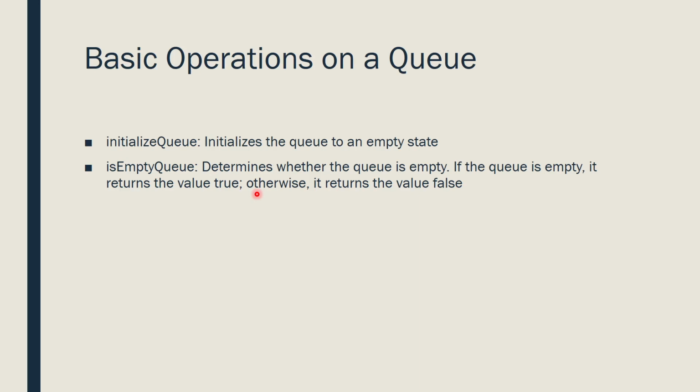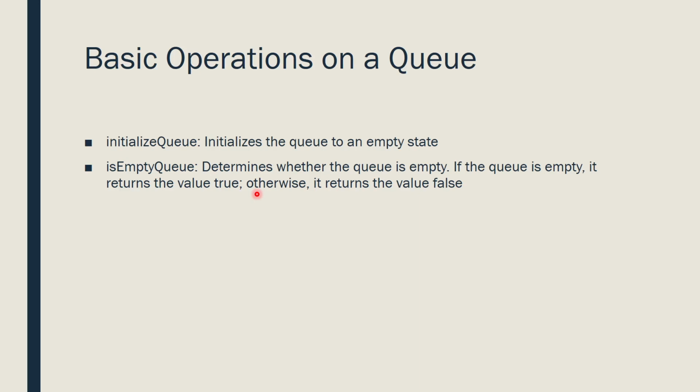And there are basic operations like initialize queue, is empty queue, and is full queue. The initialize queue method will be used to initialize the queue to an empty state.